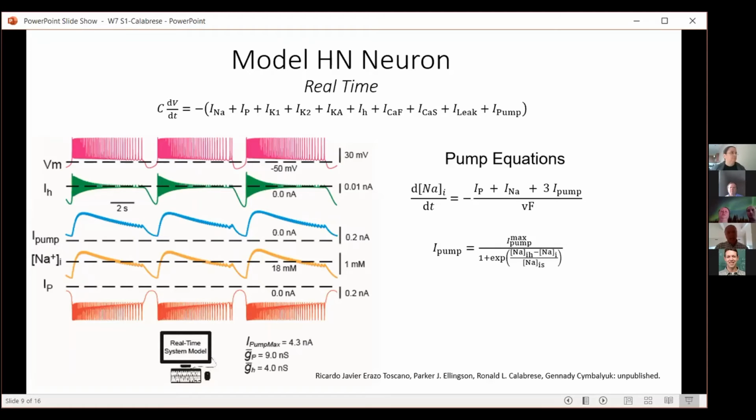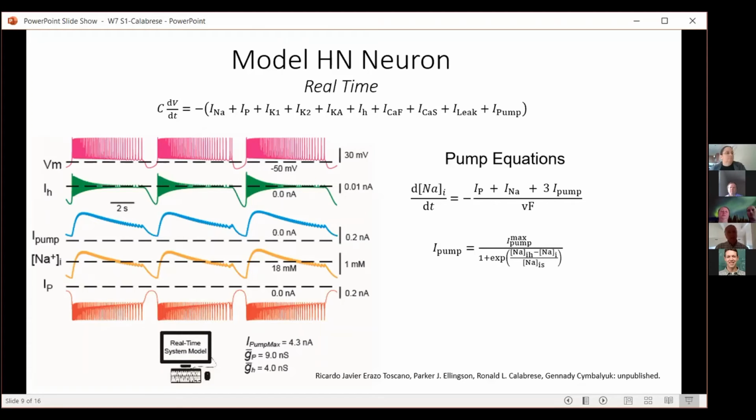And again, it is rhythmically bursting, as you would expect in myomodulin especially. And you see the pump current and you see the internal concentration of sodium. And here the calibration is correct. The range of change of internal sodium we have is 1 millimolar. So we're not changing the internal concentration of sodium really a lot. It doesn't really do that.